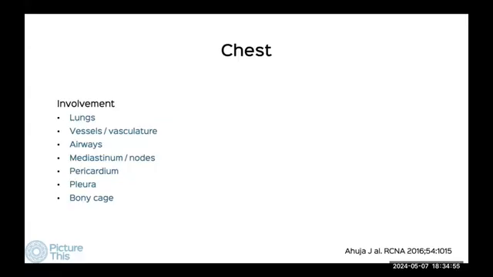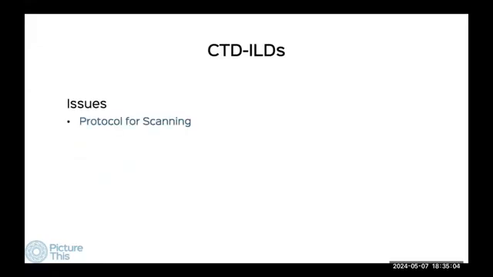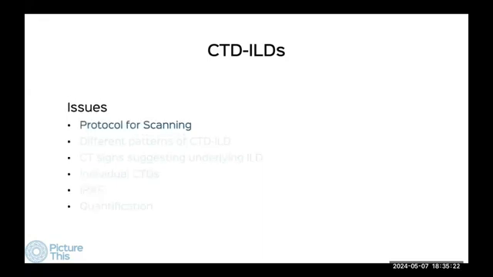The connective tissue diseases can involve all of these structures in the chest, but today we will be focusing only on the lungs. We will talk about the protocol for scanning, which I have discussed before, different patterns of CTD ILD, CT signs suggesting underlying ILD, the individual connective tissue diseases, and as I said, a couple of minutes on IPAF.